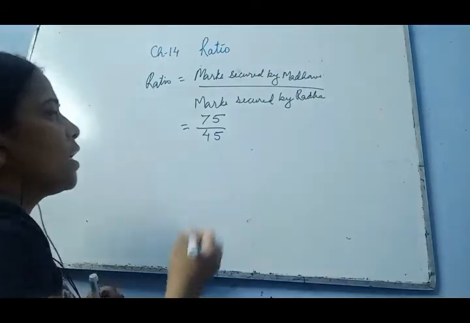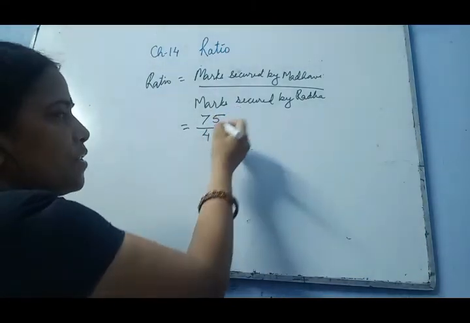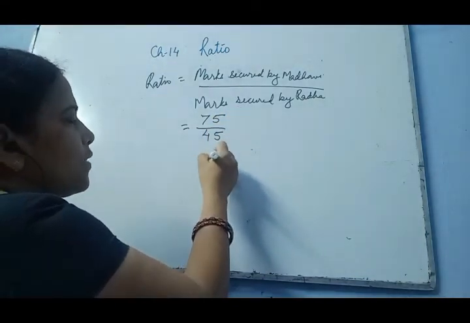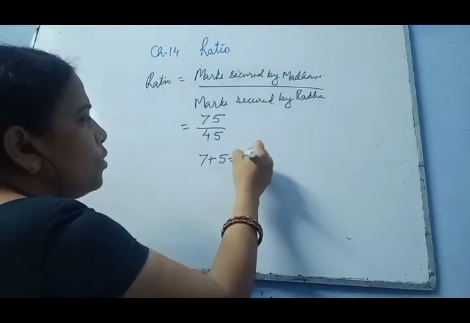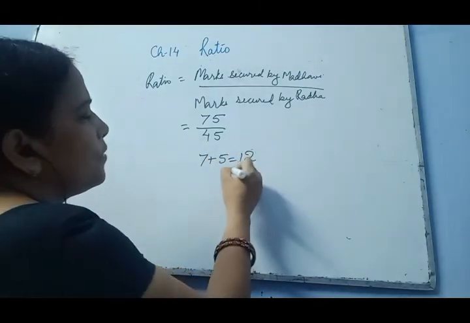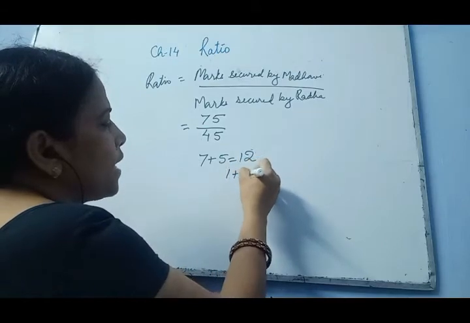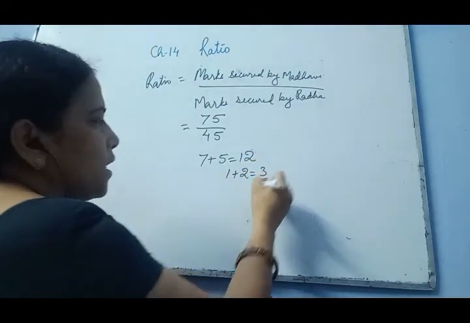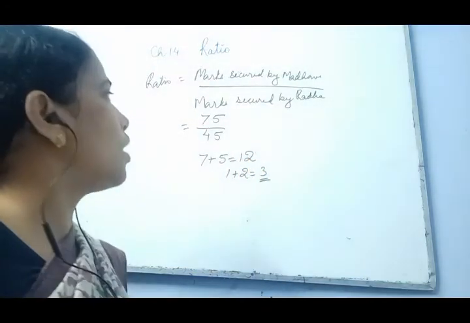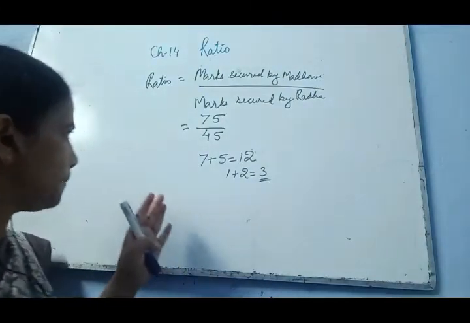Now with 3. Whether 75 is divided by 3 or not, how do we check? 7 plus 5 is equal to 12. Now 1 plus 2, we add these, we get 3. So what is the divisibility rule of 3?